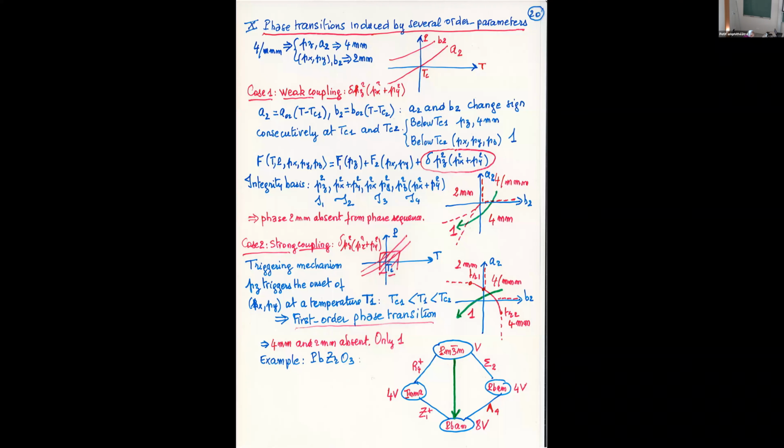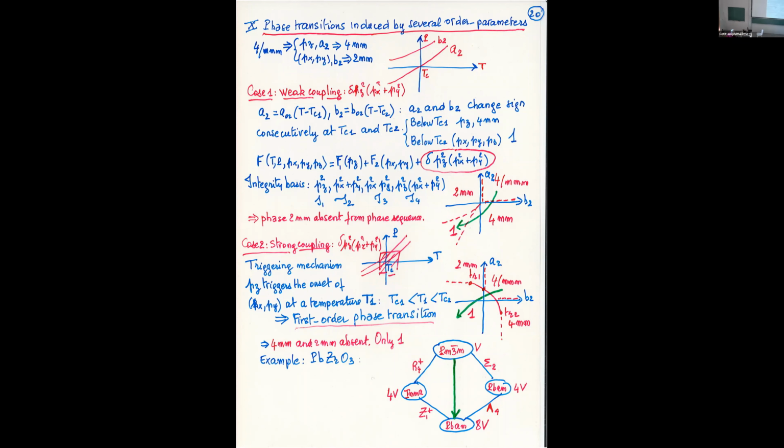This is why only a single irreducible representation can induce a second order phase transition. Now we have two cases which have to be considered. First case, if the two order parameters, here it was for A2 Pz, and for B2 Px, Py.